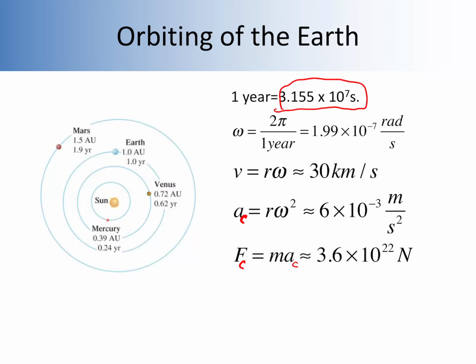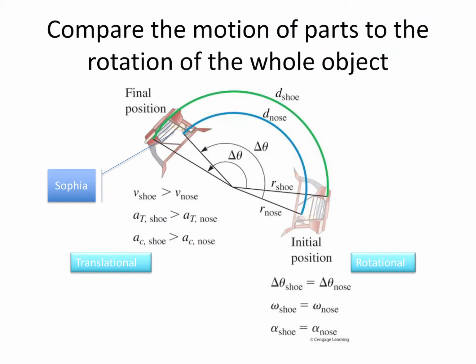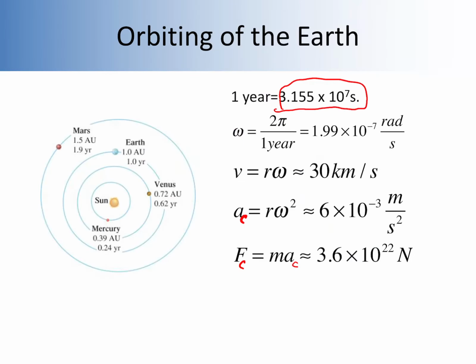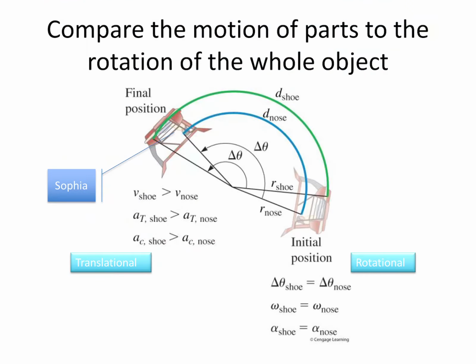And who is providing this centripetal force? Of course, it's the gravitational pull from the Sun on the Earth. So if you calculate it using G M Sun M Earth over r squared, you will get the same number for the gravitational force between the Sun and the Earth.